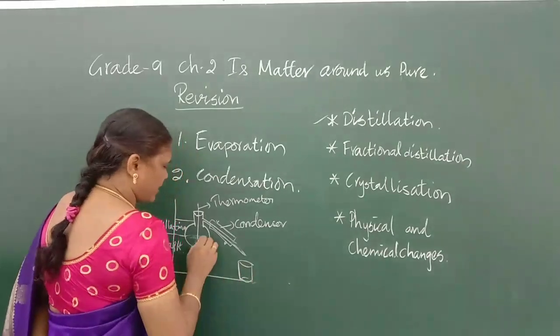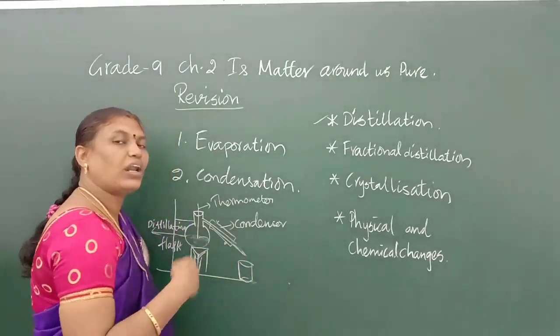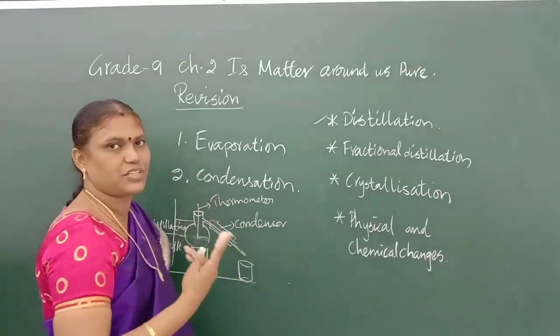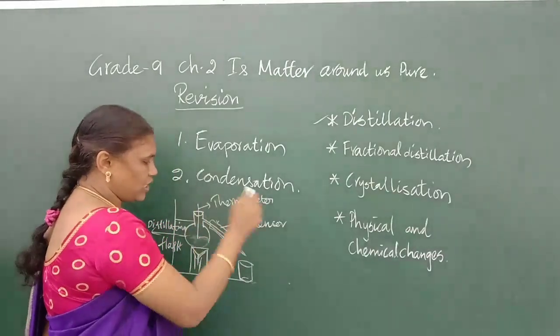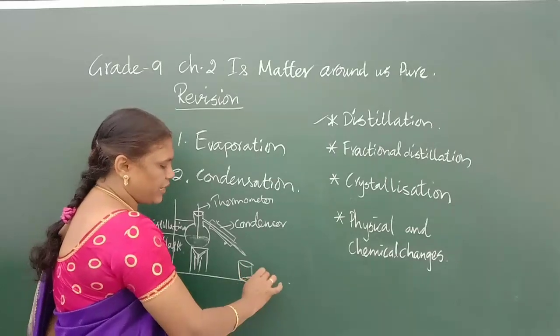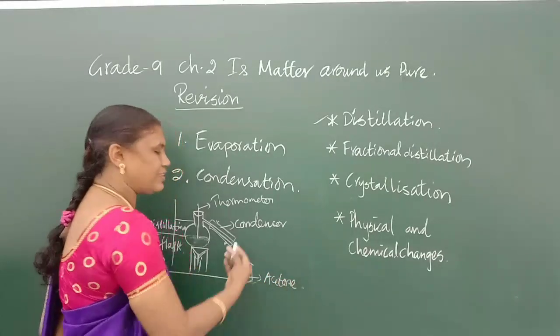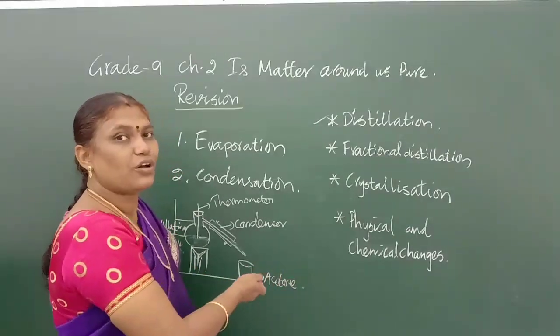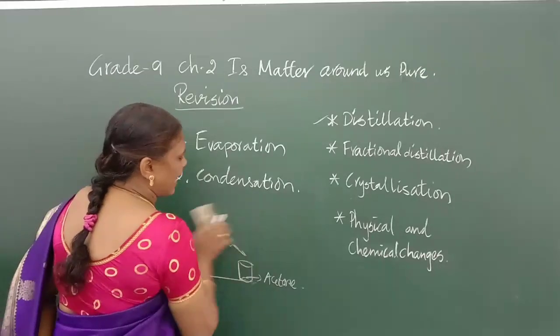For example, you are separating acetone and water, or alcohol and water, any two miscible substances. You have to write all the labels in the diagram. First you will be getting acetone, alcohol, and then only water, because it has a very low boiling point compared to water. So you have to label the diagram and explain.